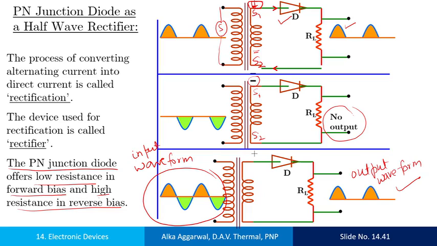Now see, the diode conducts only for the positive half cycle and these are the results. Now it is that current is only in one direction, so we can say it is a DC. But the magnitude is not constant. So we call such type of DC as pulsating DC.